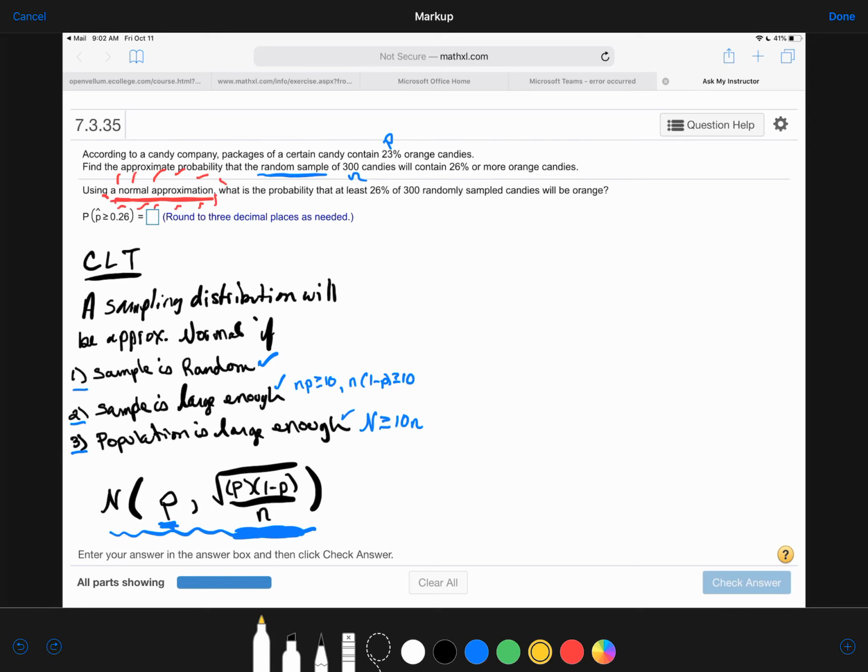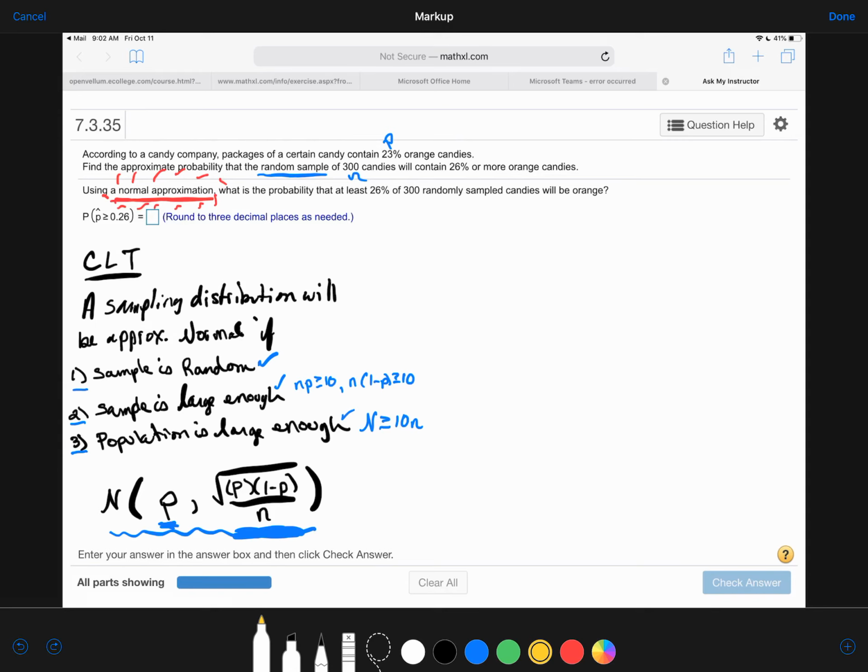So what the CLT, the central limit theorem, allows us to do is take samples from any population. Most populations in the world are not necessarily normally distributed. They might be skewed, bimodal, multimodal, just any which way.